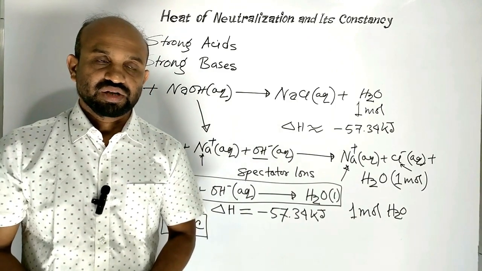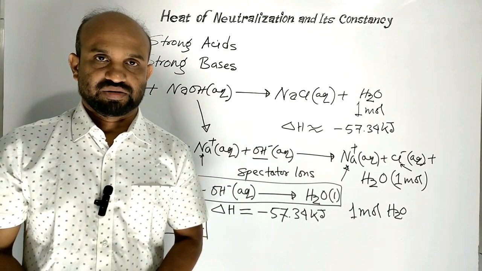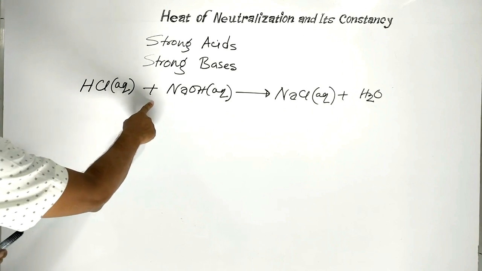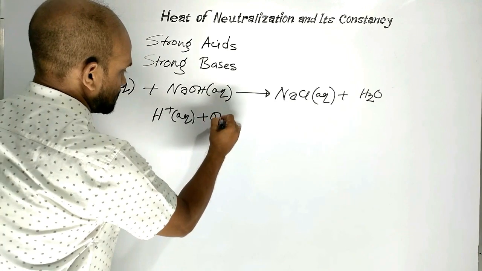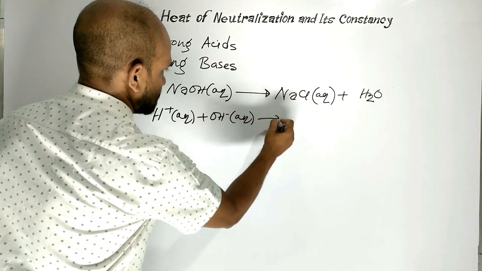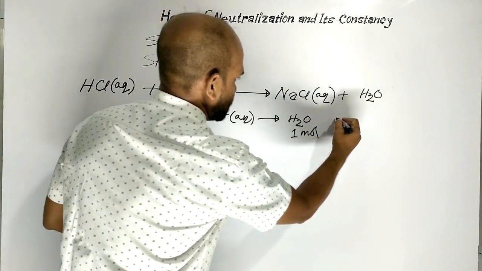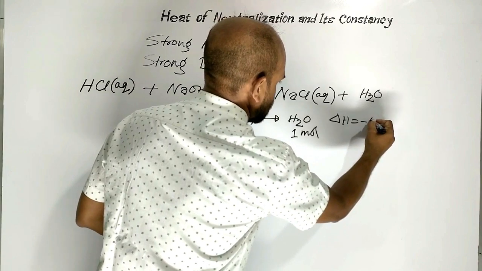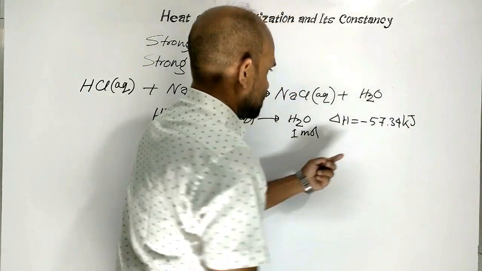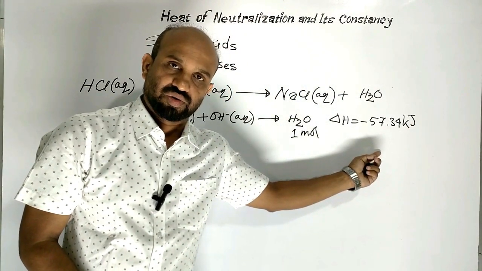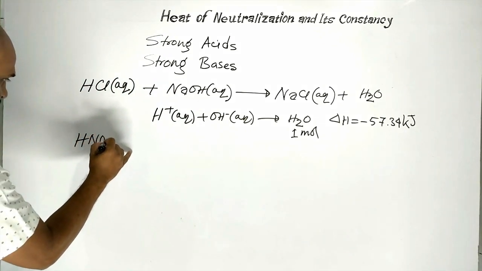Now let us see whether this value is constant for another acid and base. Basically this reaction occurs, forming one mole water, and this amount of heat is produced, 57.34 kilojoule.